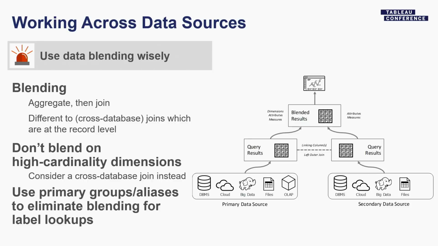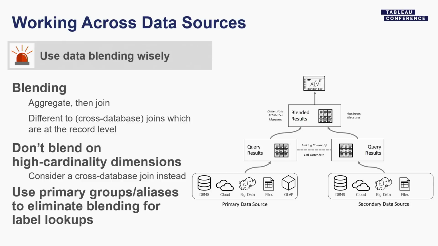One of the first examples I saw of this, a customer was pretty unhappy that his workbook was taking 10 minutes to load. He was blending at customer level, and he had 20 million customers. So that's causing 20 million customers to come into Tableau and try and use blending inside. So we're trying to use the desktop as an RDBMS, and that doesn't work. So don't blend on high cardinality dimensions.